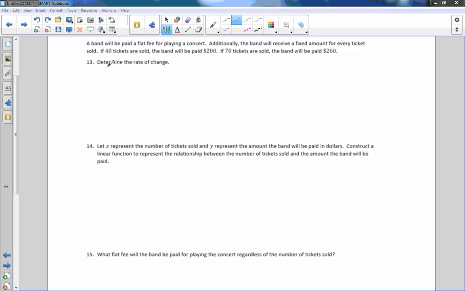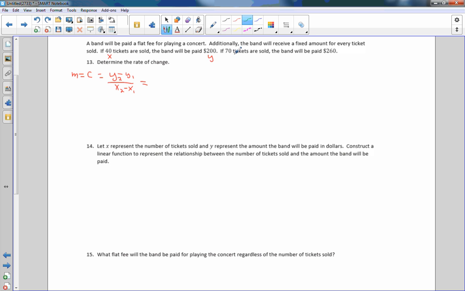Okay, so remember that rate of change is c or m, and that's the equation y2 minus y1 divided by x2 minus x1. So we have two y values. What is y and what is x? If 40 tickets are sold, the band will be paid $200. 40 is my x. Paid will be my y.